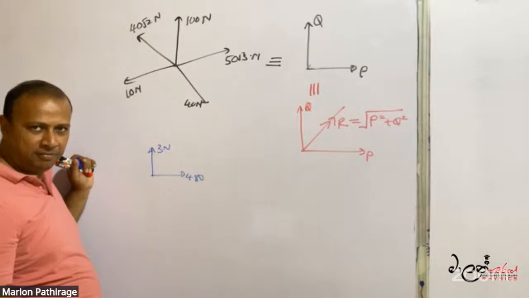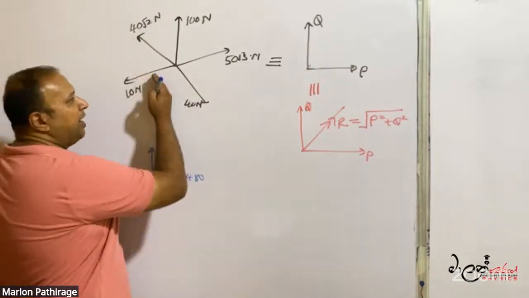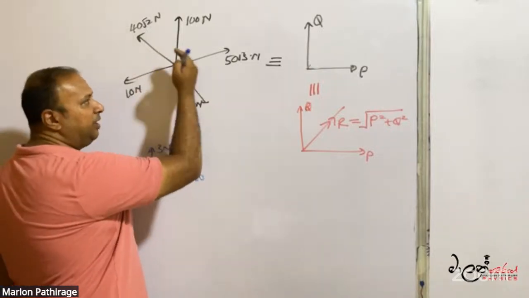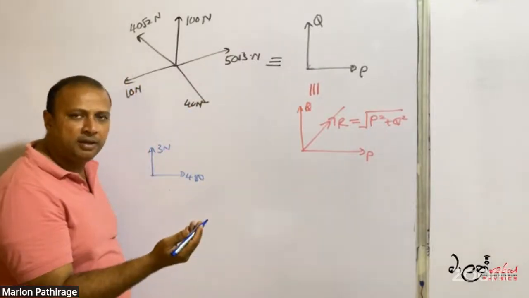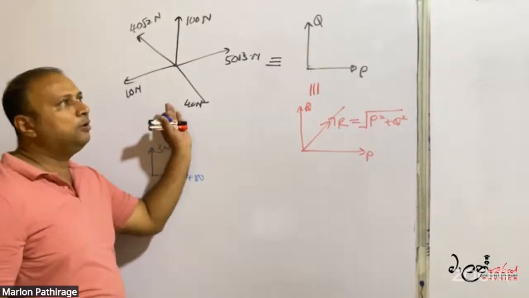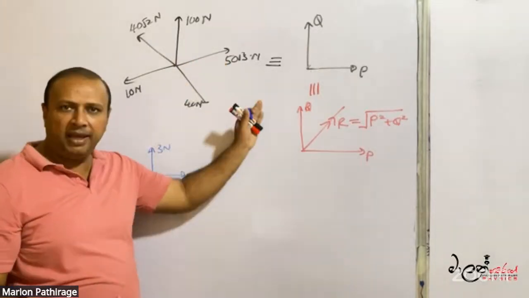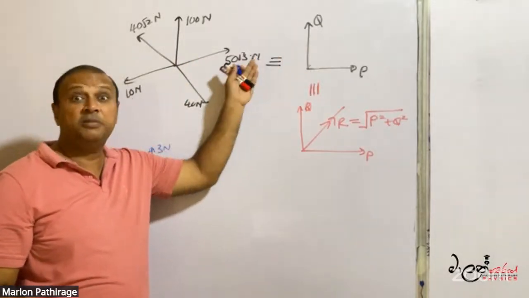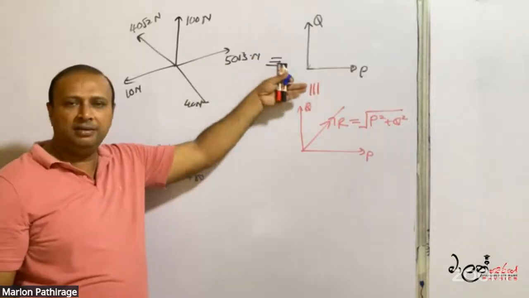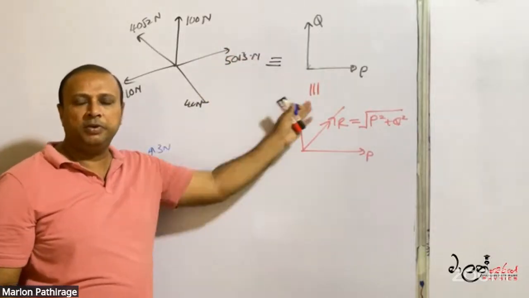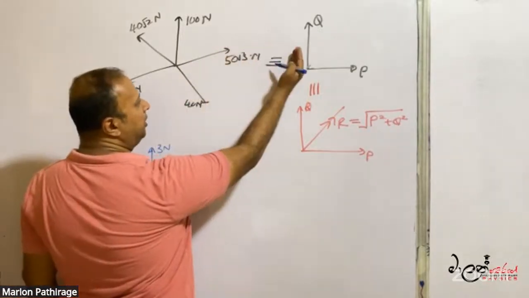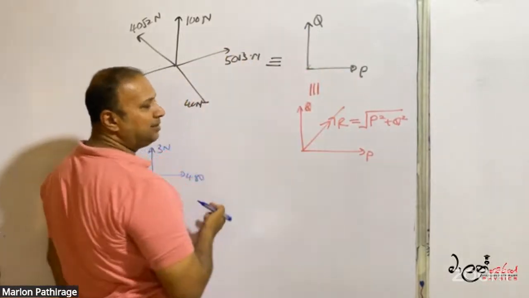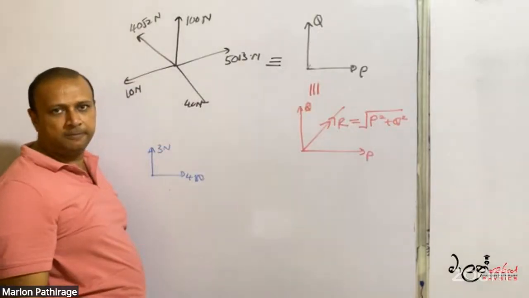But you can reduce the number of vectors into two. How? You can take the resolved components in two perpendicular directions. Therefore, this vector system is equivalent to these two vectors in perpendicular directions.